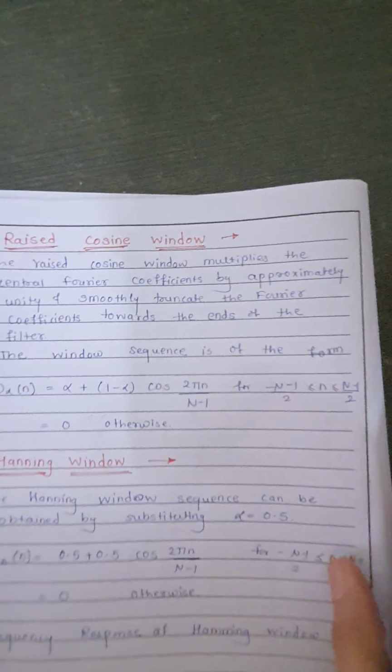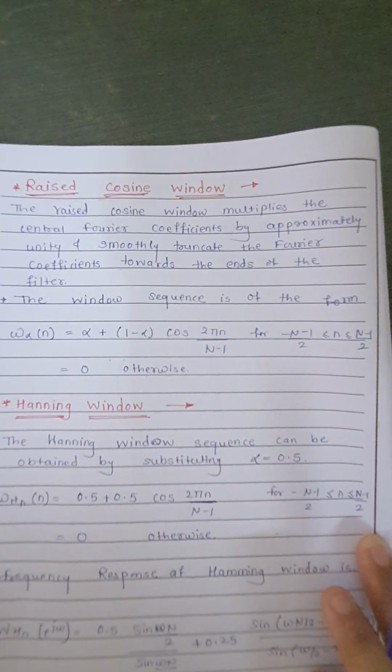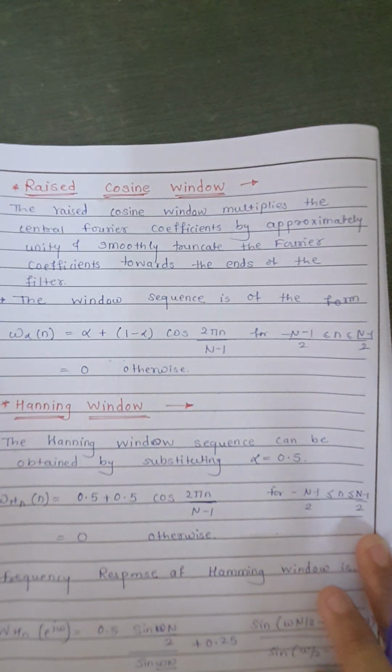The next window type is the raised cosine window. The raised cosine window multiplies the central Fourier coefficient by approximately unity and smoothly truncates the Fourier coefficients towards the end of the filter.